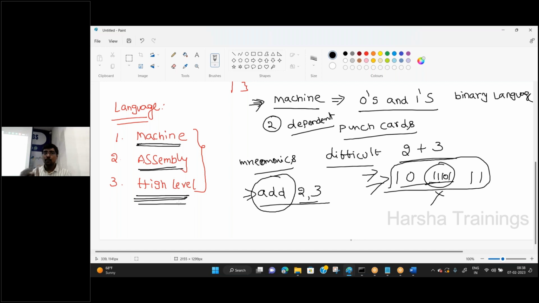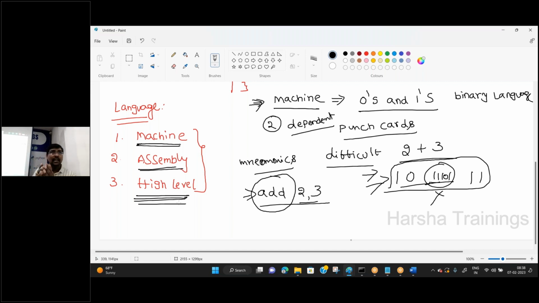Now, what is the first point? The language that is understandable by the machine is also called binary language, represented in terms of zeros and ones. To overcome the difficulty of remembering zeros and ones, we are moving into assembly language.